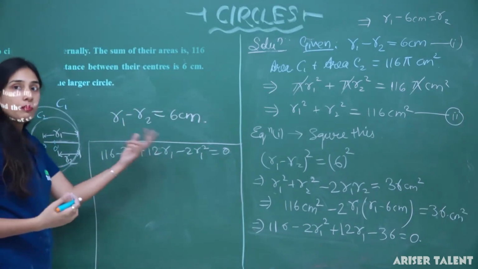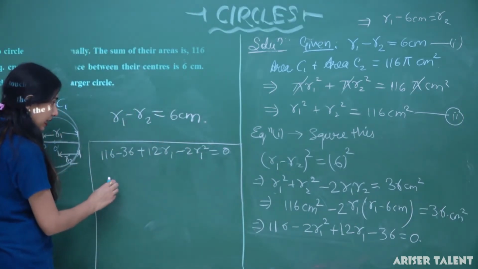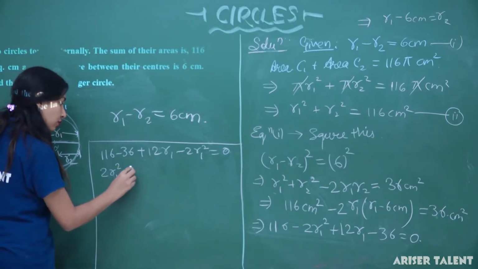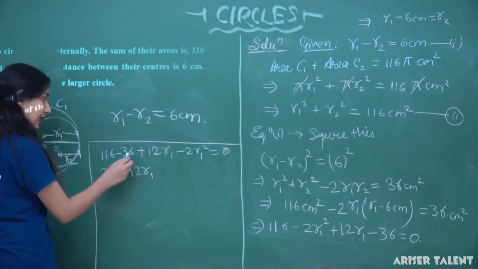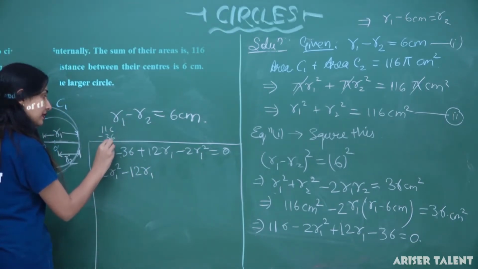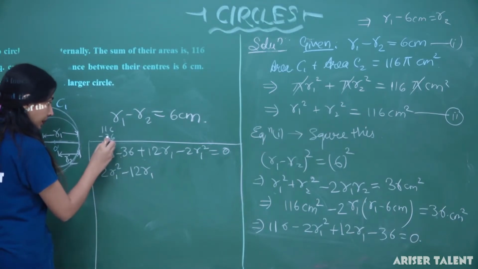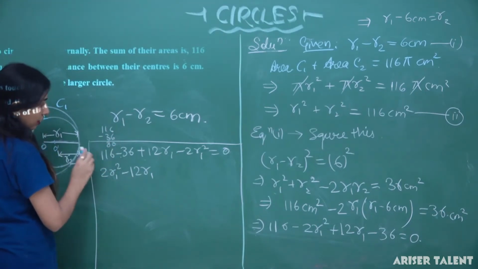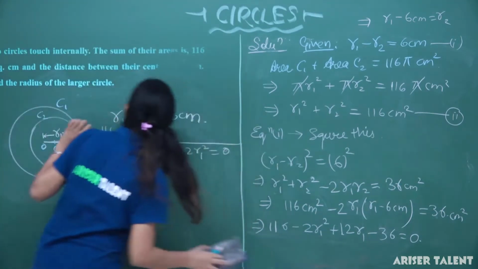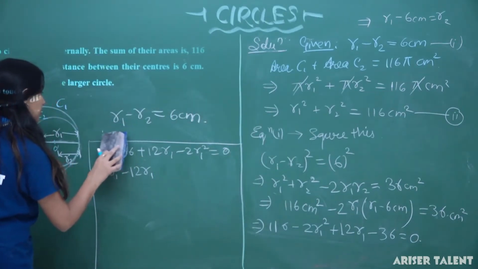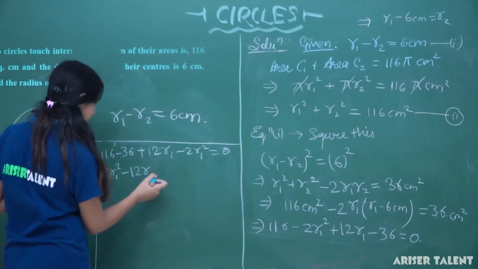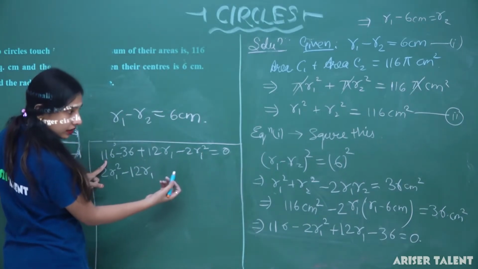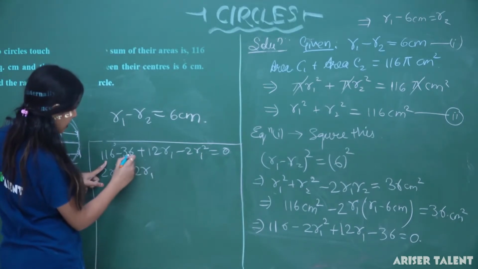So I will check the minus and cancel it out. So that will be 2 r1 square, then minus 12 r1, then 116 minus 36 is nothing but 80.